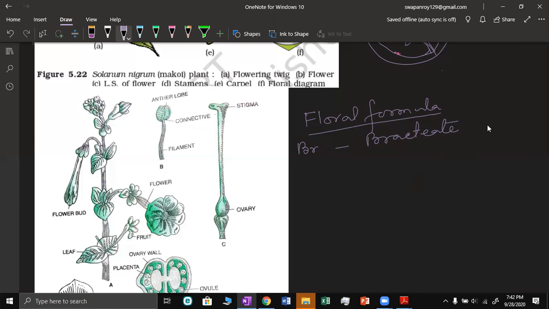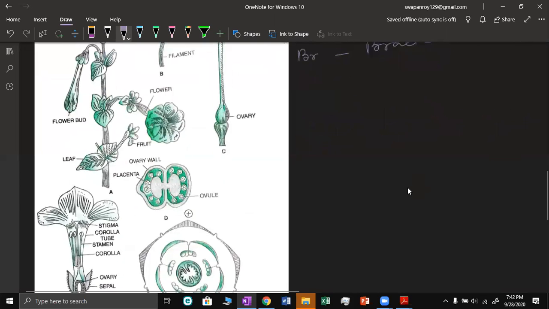What is a bract? A bract is a small leaf-like structure which is present at the base of the flower on the stalk, from where the flower is coming out. That is called bracteate.